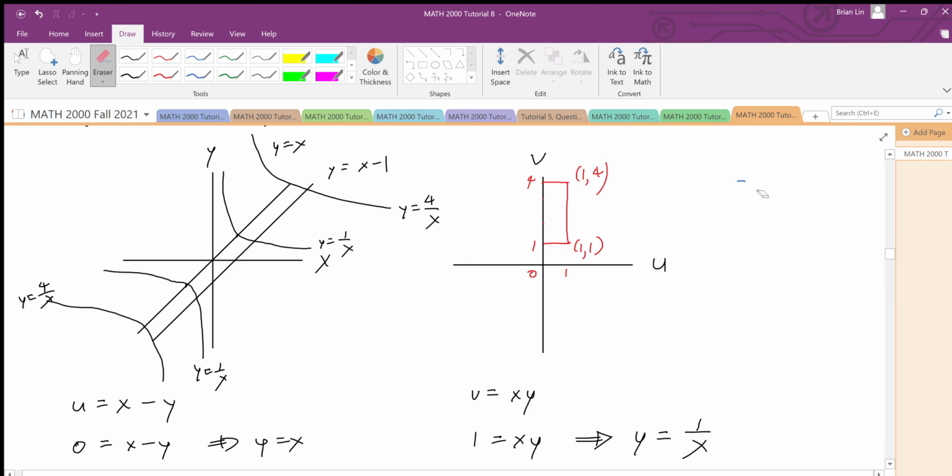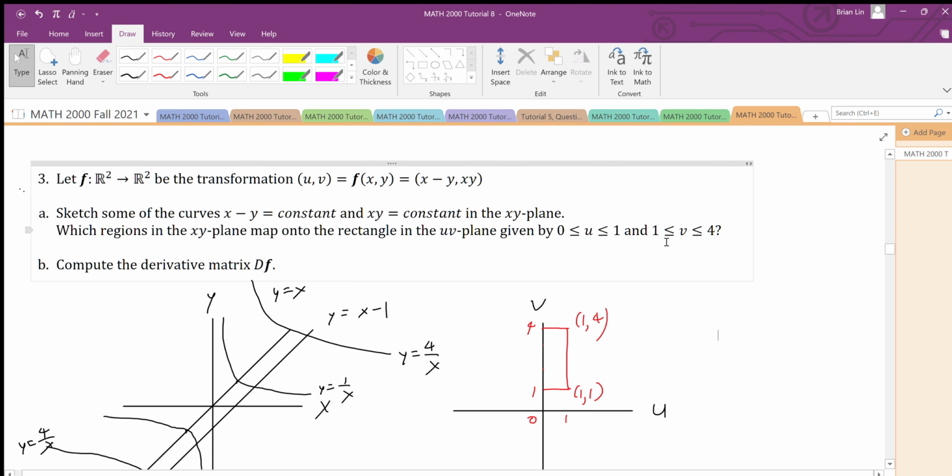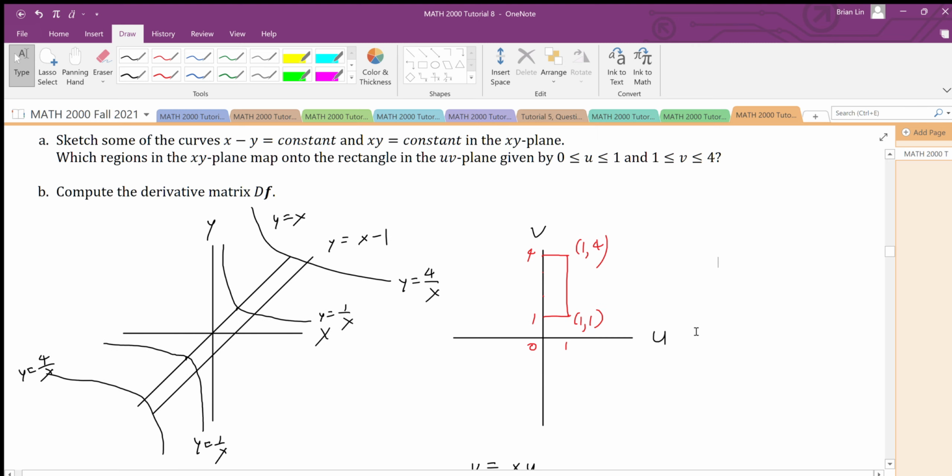So question 3a was asking what region in the xy plane corresponds to the rectangle that we see in the uv plane. Specifically, it is this region down here and this region up here. Together, that corresponds to this region here under the transformation f, as it goes from here to there.